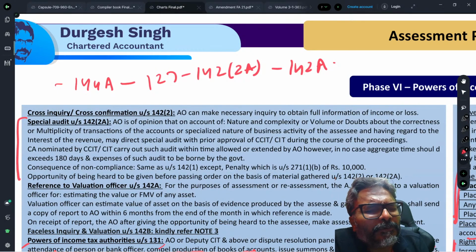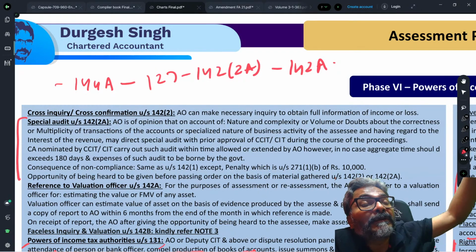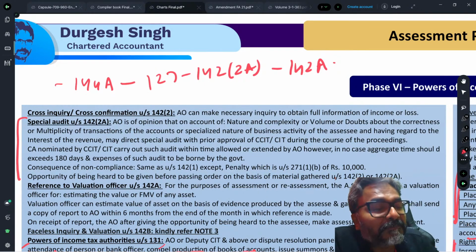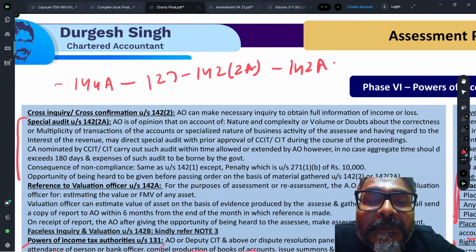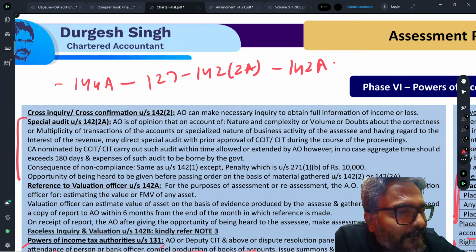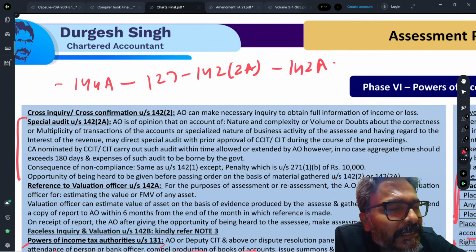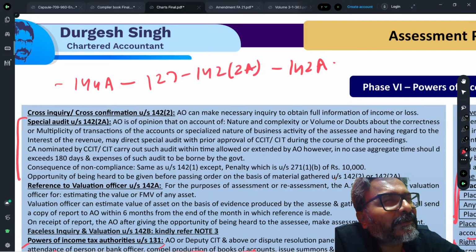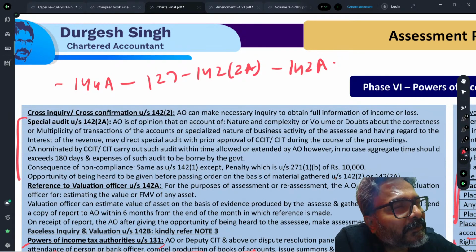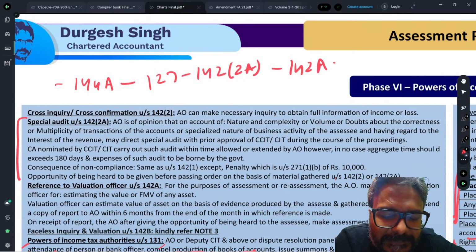Like the AO has got one stockbroker who is an assessee in his jurisdiction, and he has picked up his case for scrutiny. By the way, he does not decide that. Actually, the cases that will be picked up for scrutiny, the CBDT decides.